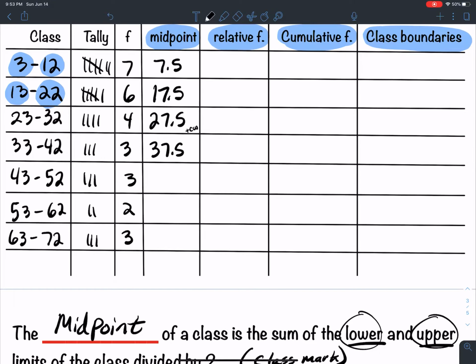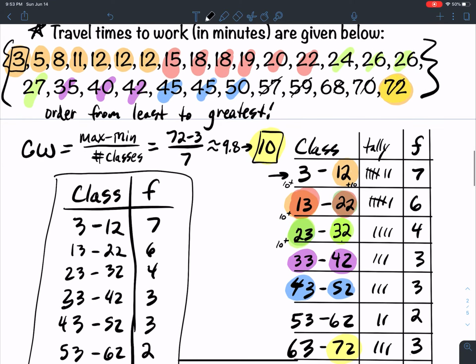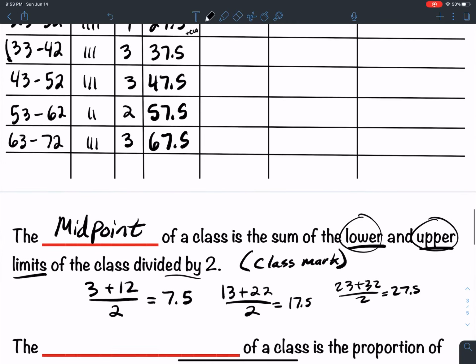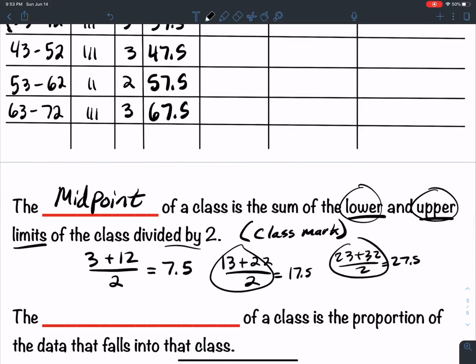If you'll recall from the last video, we calculated the class width to be 10. So you add the class width just like you did to get the next lower limit, right? So 47.5, 57.5, 67.5. It's okay if you didn't catch on to that. If you didn't, you're just going to have to do lots of those calculations.